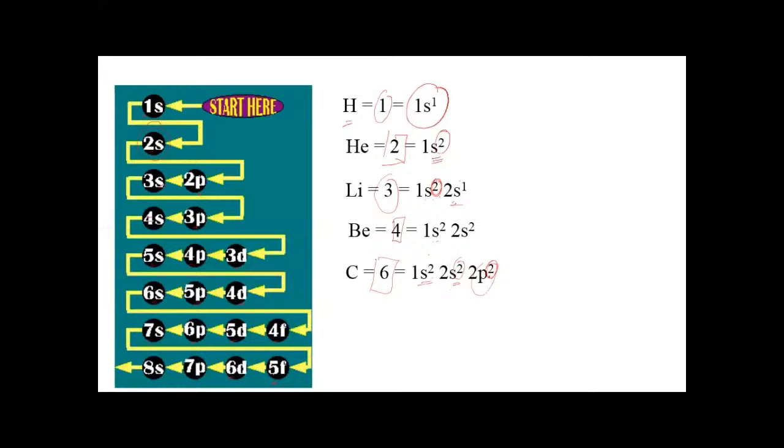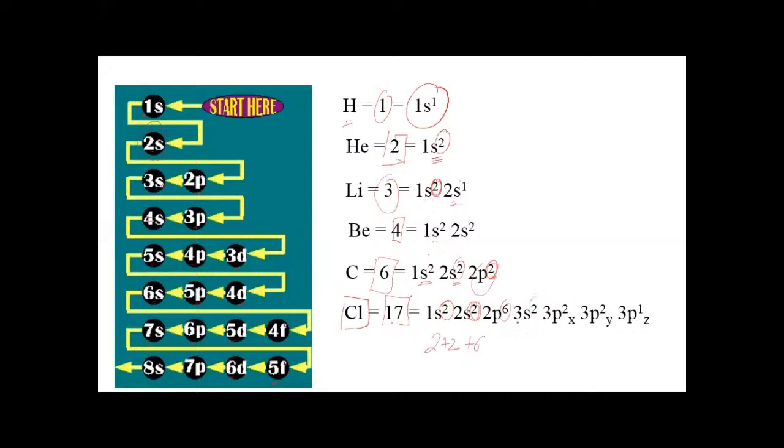Okay. Now we take another example, chlorine, which has 17 electrons. We know 1s can occupy a maximum of 2 electrons, 2s can occupy a maximum of 2 electrons. So 2 plus 2. How many electrons can p occupy? 6. How many can 3s occupy? That is 2.